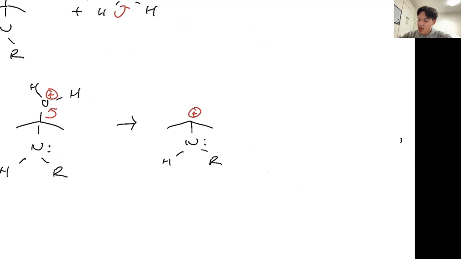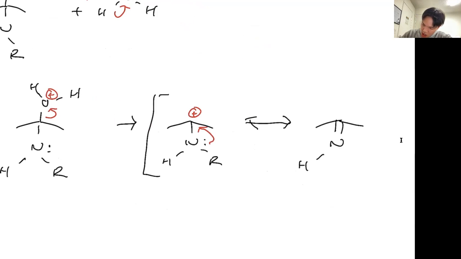We have to figure out that there is resonance here because this nitrogen has lone pairs that we can form a double bond with, right? NHR. So the lone pairs on this nitrogen comes up to form the double bond between the carbon and nitrogen.